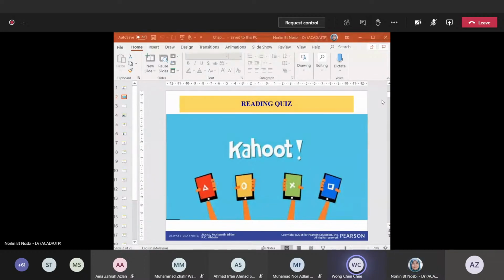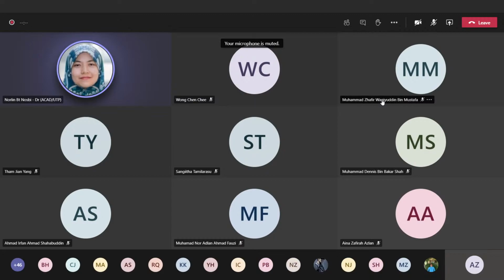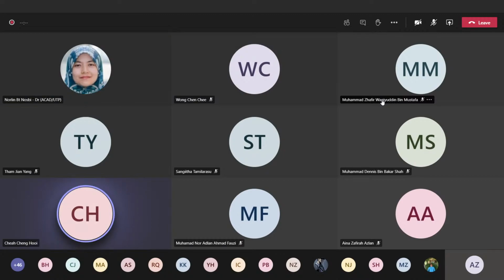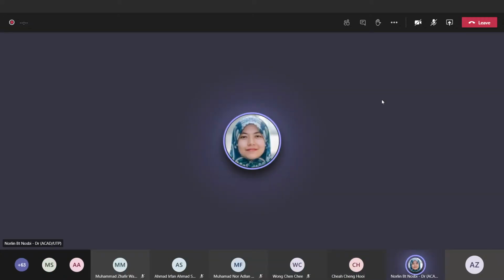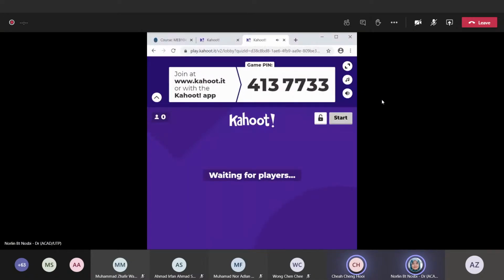Is this just for fun or will it be graded as marks? Just for fun. So don't worry. Okay, can you see the game pin? Yes, miss.